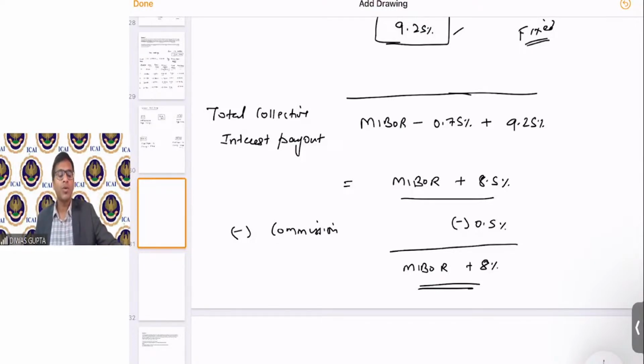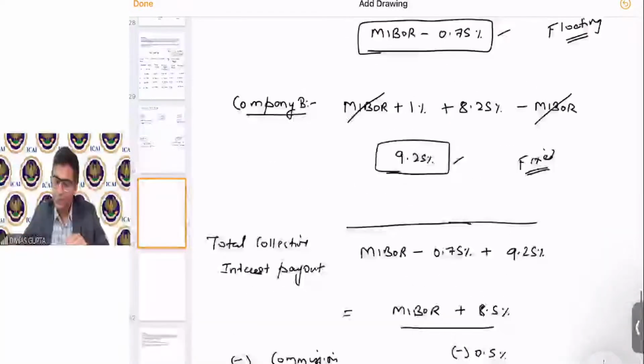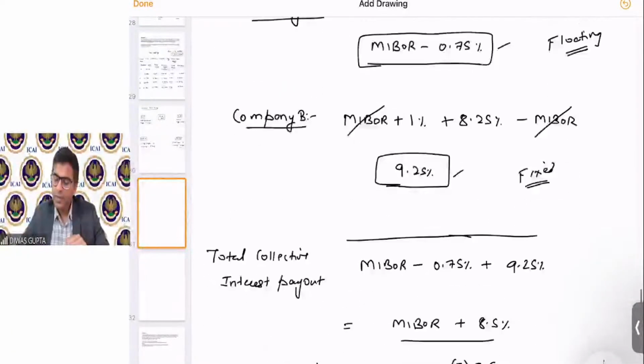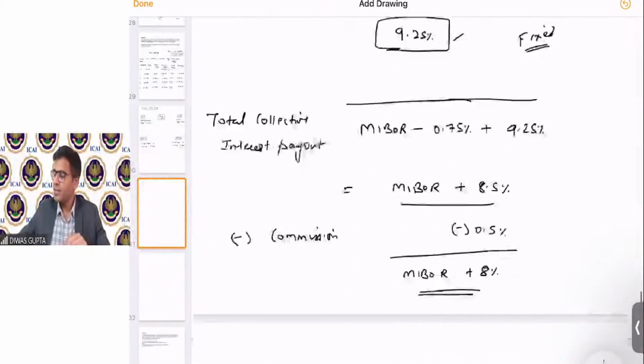I hope you understood what essentially the swap bank had asked these two companies to do. Swap bank has actually asked them to collect MIBOR plus 8.5. Their arrangement was in totality MIBOR plus 8%, and the 0.5 it will keep as its own commission. Okay. Understood, students? I hope this is clear.